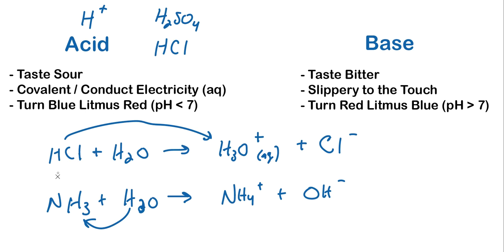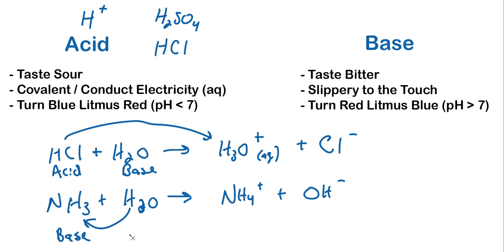So since hydrochloric acid donates a hydrogen ion, it's an acid. Guess who accepts the hydrogen ion? The water. So the water becomes the base. Same thing here. Ammonia accepts the hydrogen ion, thus it is the base.